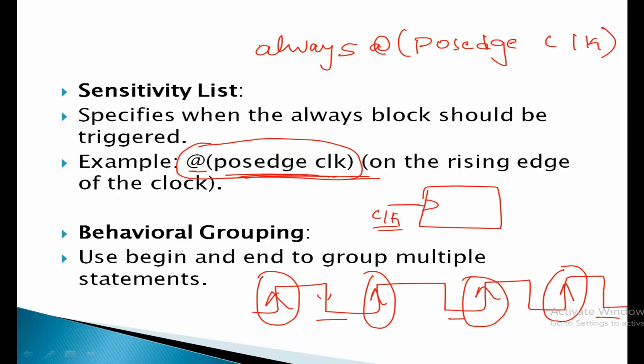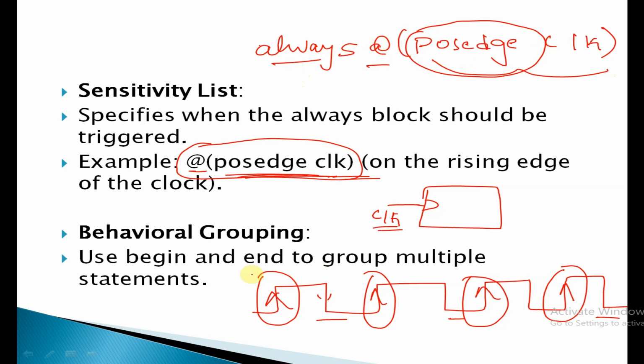Basically, if we want to model a circuit which is working on the edges of a particular clock, it can be a positive edge or a negative edge, we can model those designs using the always block. Here we are modeling a design which is working on the positive edge of a clock. We use always @, this is a sensitivity list, and posedge is a keyword.